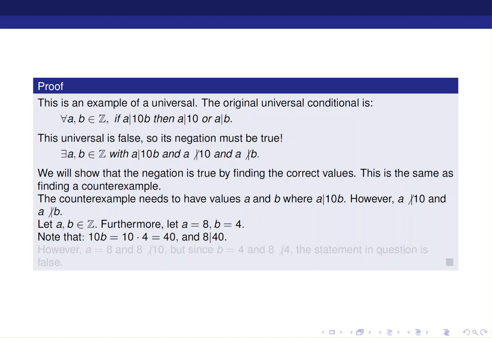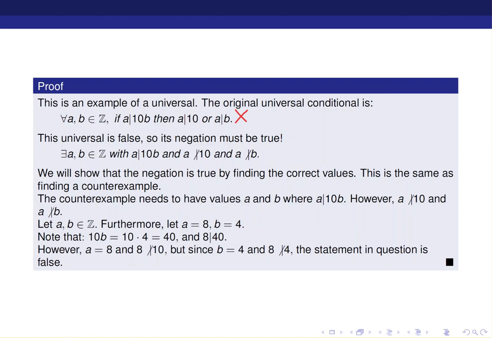I have to actually state this. This is important, and it has to be written down as part of your proof. However, 8 does not divide 10, and 8 does not divide 4. So the statement above is false. That's what we wanted to show in this problem.